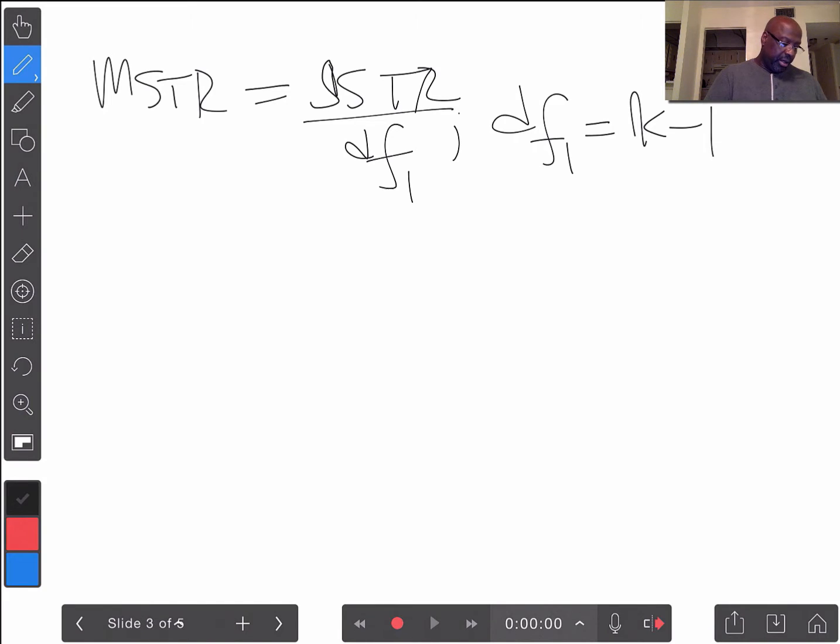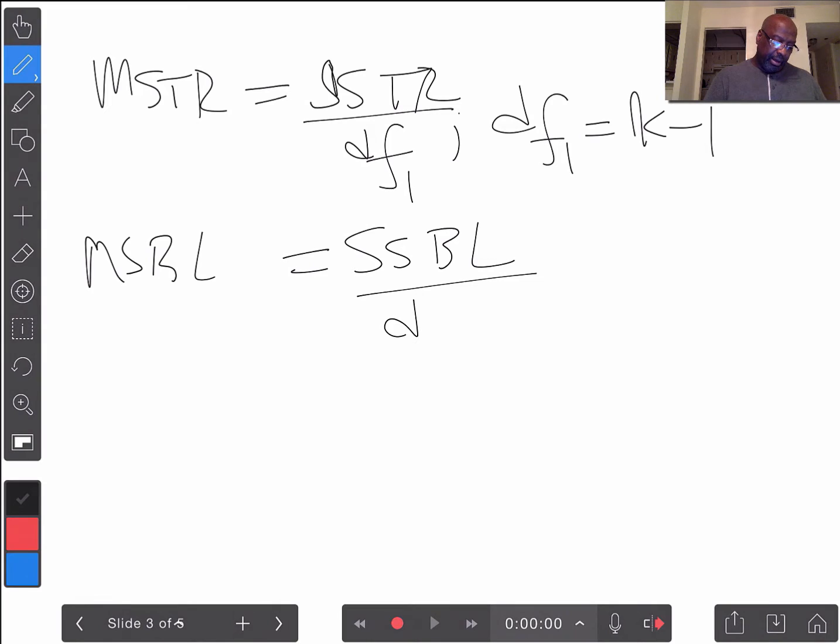Now, MSBL, if we wanted to find that, would be SSBL over DF. I'm not going to call it 2 because I normally use 2 to refer to the denominator degrees of freedom, which will be for SSE in this case.